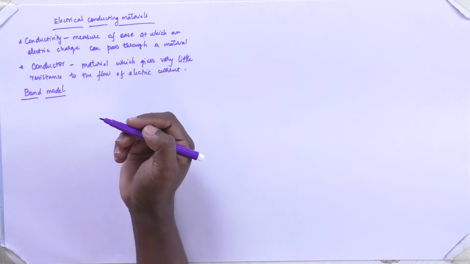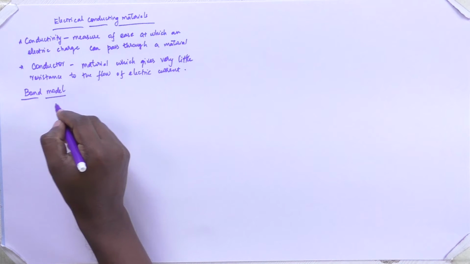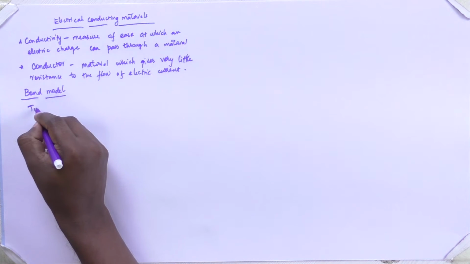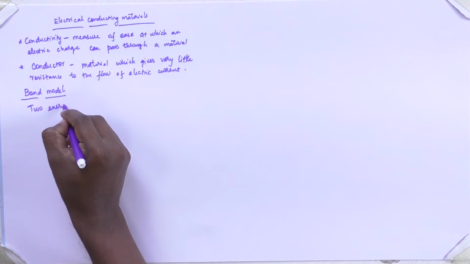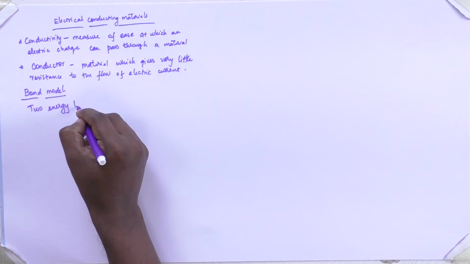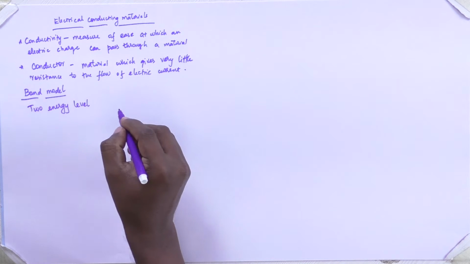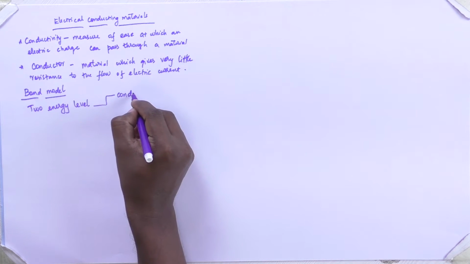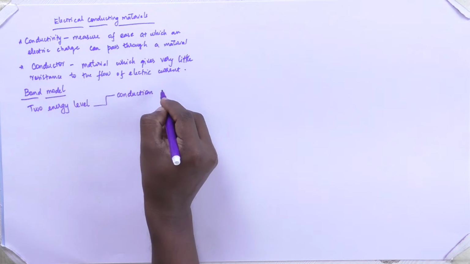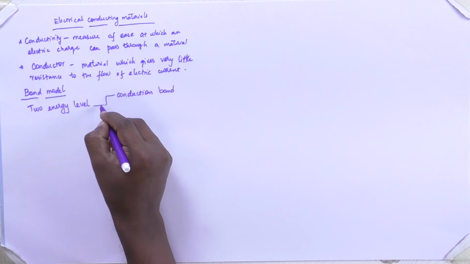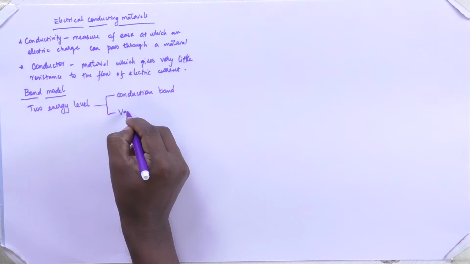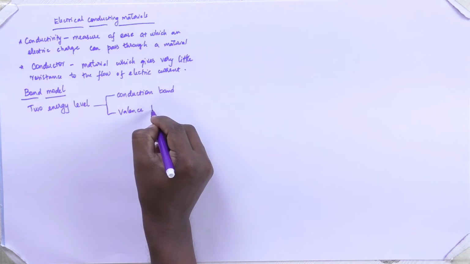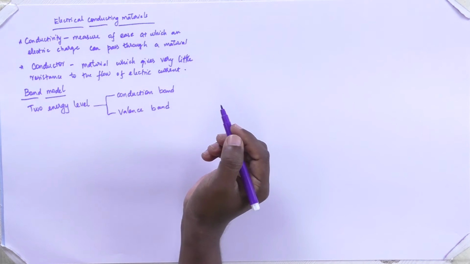When you want to look at band model, you need to start with two energy levels. So the energy levels are conduction band and valence band. So what are this conduction and valence band?